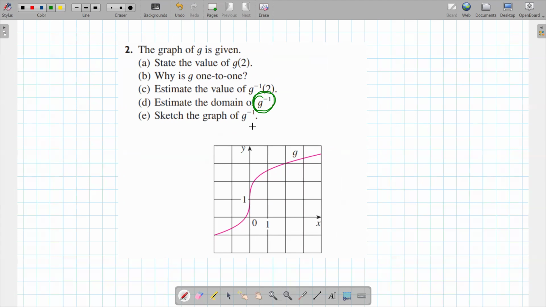The -1 there. It means inverse, not the reciprocal. It means inverse here. So anything f inverse. Remember what an inverse is? What's an inverse function?